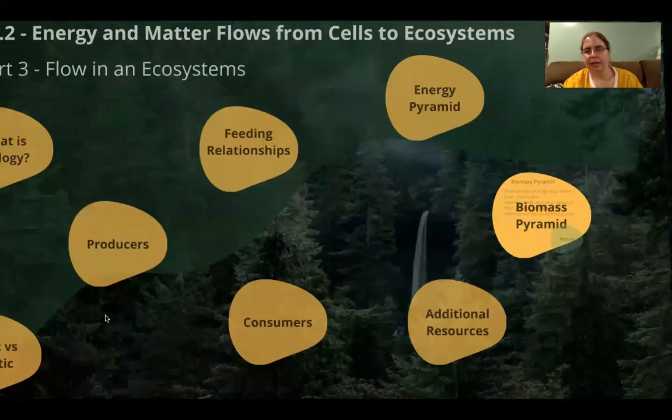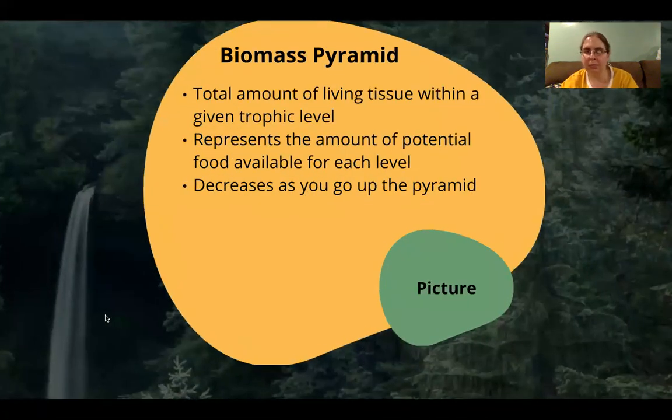But not only that, also biomass decreases as you go up the energy pyramid. And we just simply call this version the biomass pyramid. So the amount of living tissue within a given trophic level, that's what we mean by biomass.